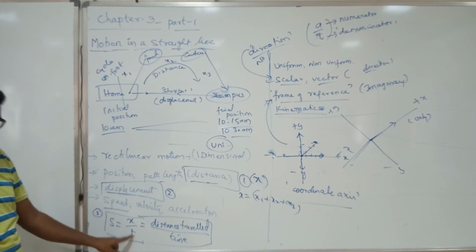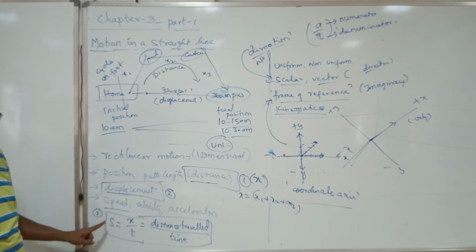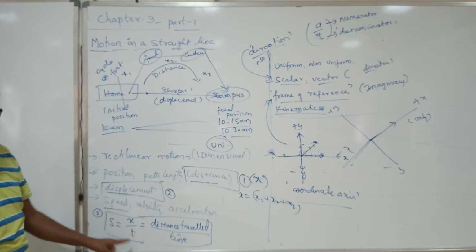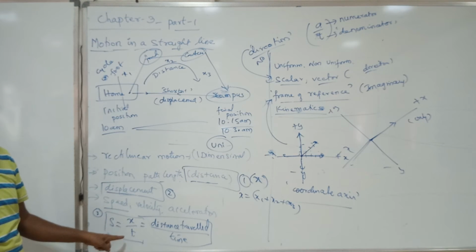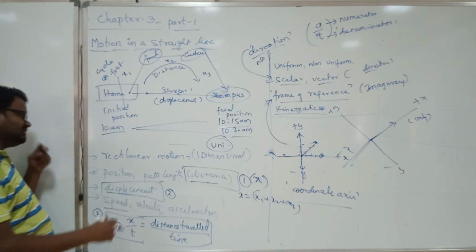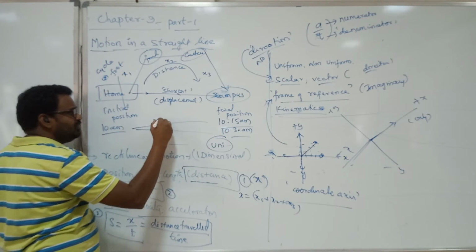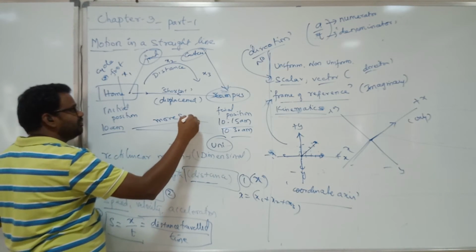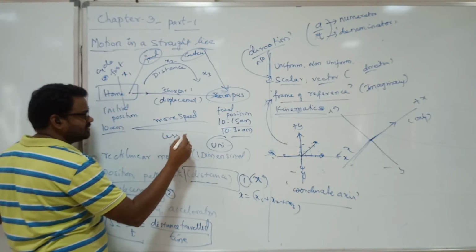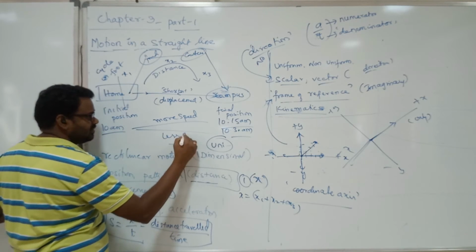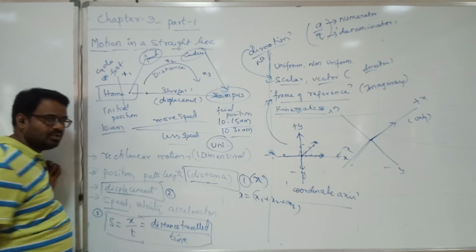If you take more time, you get lesser speed. If you take less time, inversely, right? That means the person who is taking 15 minutes will have more speed than the person who is taking 30 minutes, who has less speed.